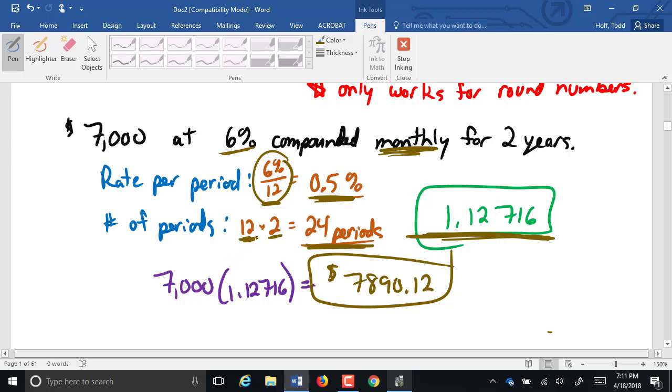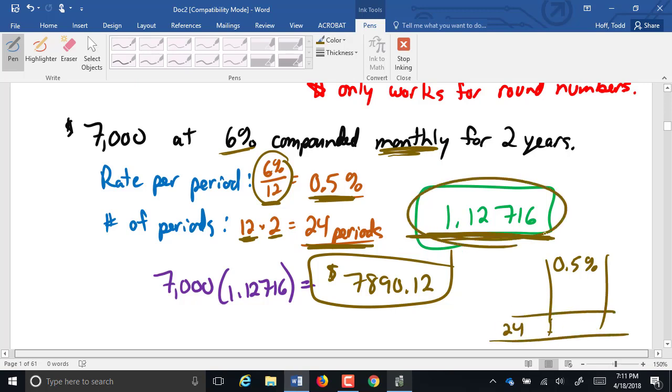So 12 periods a year times 2 is 24. So you find the 0.5 on top, which is the first column. You follow that down to 24. So you get the 1.12716 times the 7 grand. You get the exact same. Since it's only a couple of years, usually it'll be the same or within a penny.